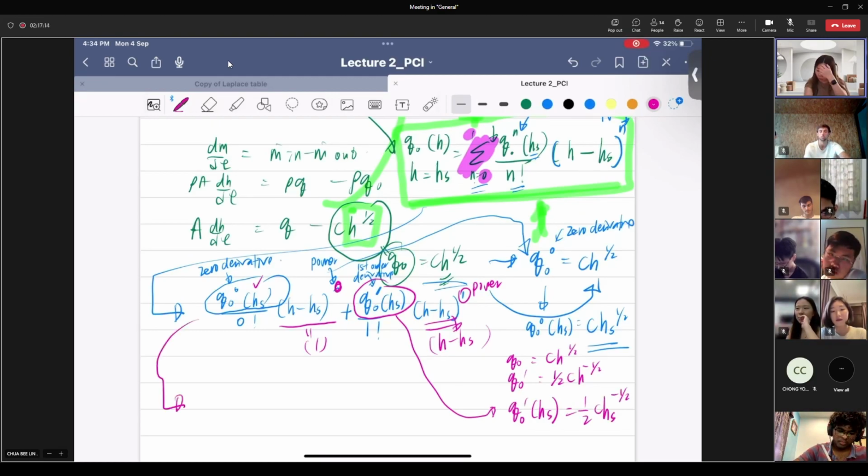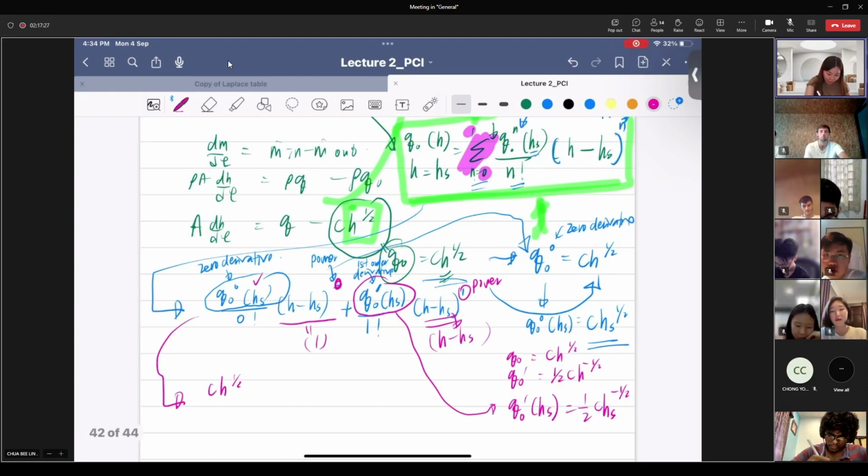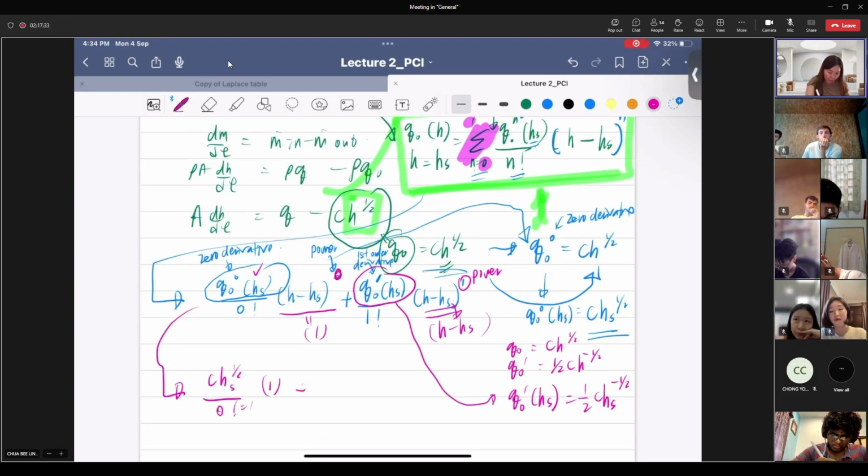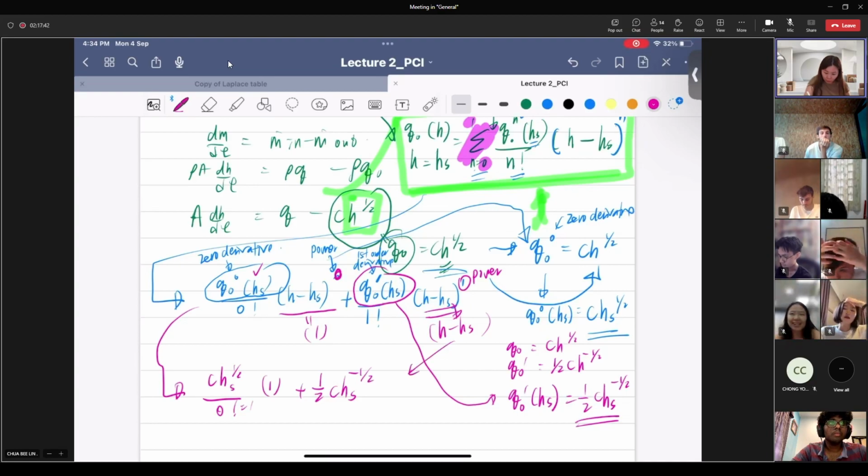Therefore, this whole equation will become C h_s^(1/2), with the zero-order term over 0 factorial giving 1 as well. So this one is 1 plus this whole thing, 1/2 C h_s^(-1/2), times (h minus h_s).